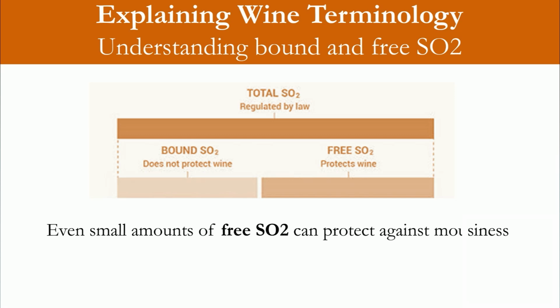Now, this is important because when sulfur becomes bound, like the left-hand side of your chart there, it does not have the ability to act as a preservative. Free sulfur is what protects the wine. In certain conditions, you may find that more sulfur becomes bound, certainly when pH levels are a little bit higher, and you might be utilizing wild ferments, for example.